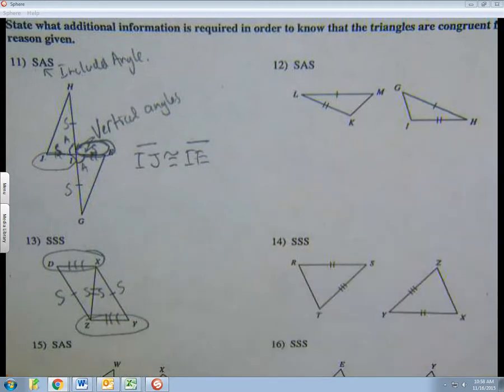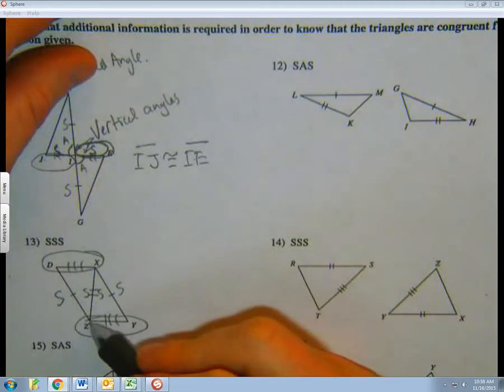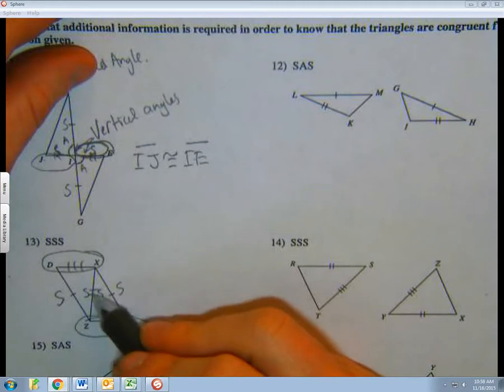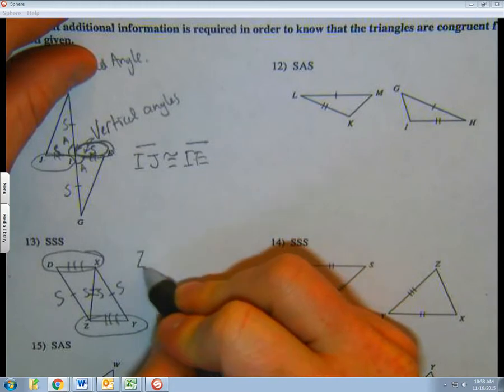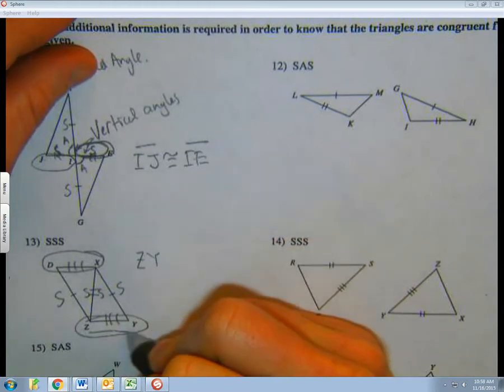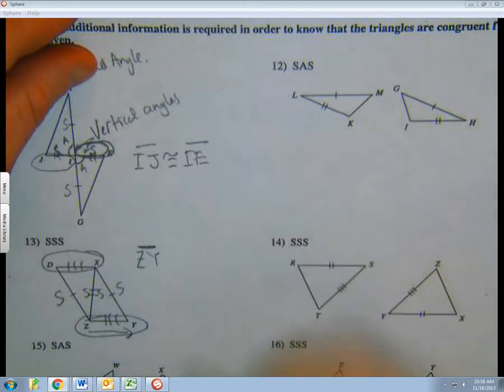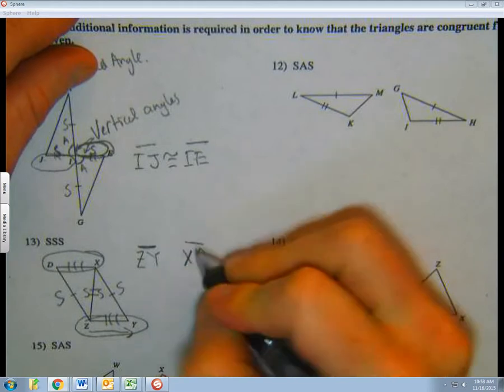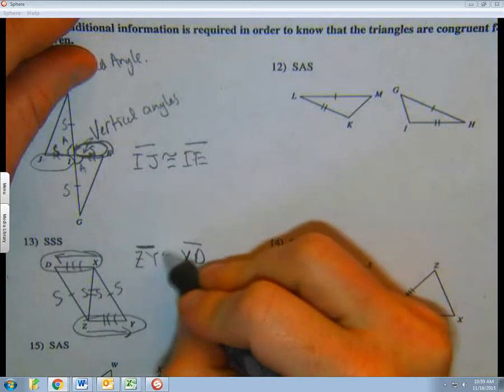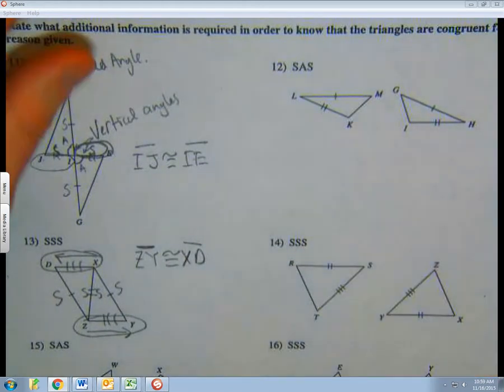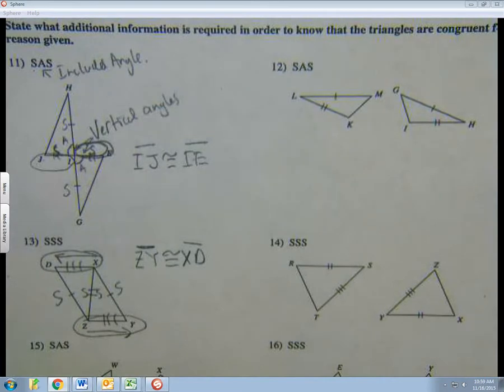So Z comes from the side with 2, and we're going to the side with 1. So let's say ZY, and again I'm going this way, ZY segment is going to be the same as XD, starting from the double, going to the single. Those are congruent. So that's it. A lot of writing down what we know, a lot of identifying, and make sure you have all this stuff down. When you do these problems, I want to see this going down on the paper.